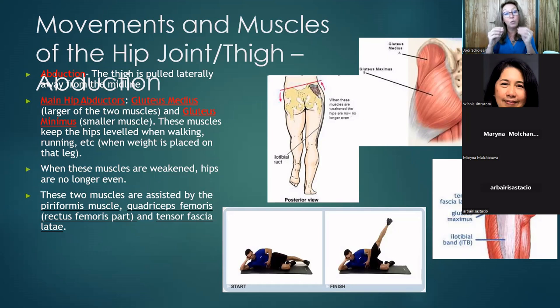So when those muscles are weakened, it's very easy for those hips to become unbalanced. And those muscles being the glute muscles. So when these glutes aren't firing, sometimes it causes an imbalance in the hips.